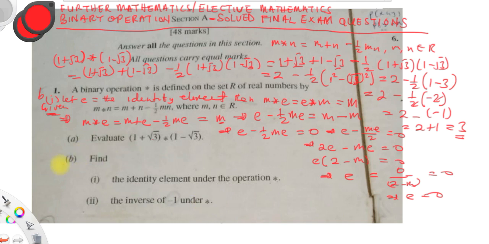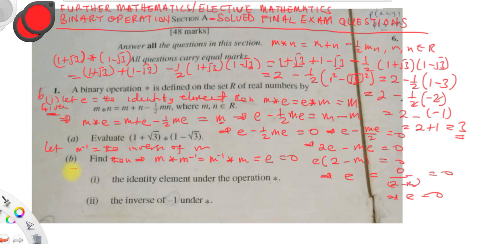So you can say let M inverse be the inverse of M. Then if I combine M with its inverse, M star M inverse, it is the same as, if you like, I can bring the M inverse first, doesn't matter, M inverse star M. Well, you have to get the identity element E, which is equal to 0 in this case.